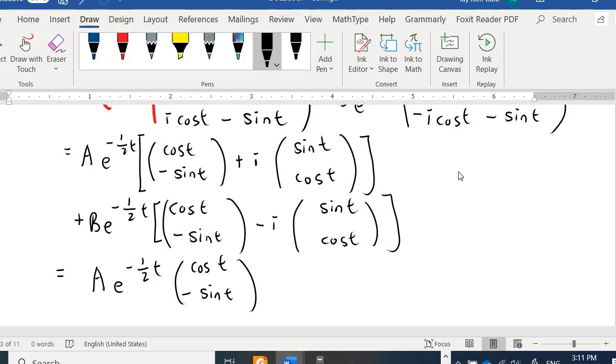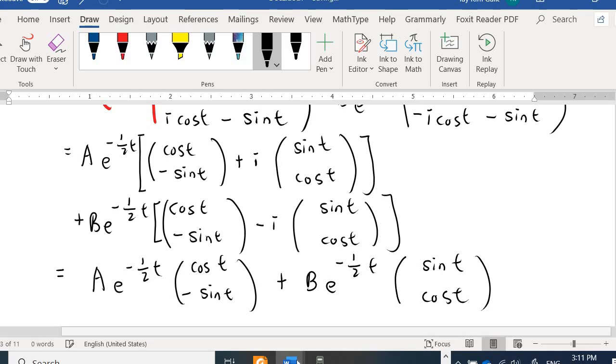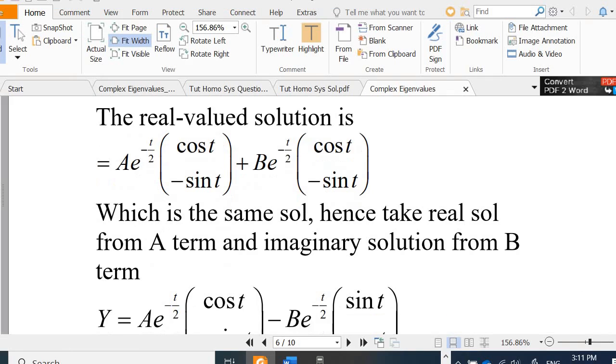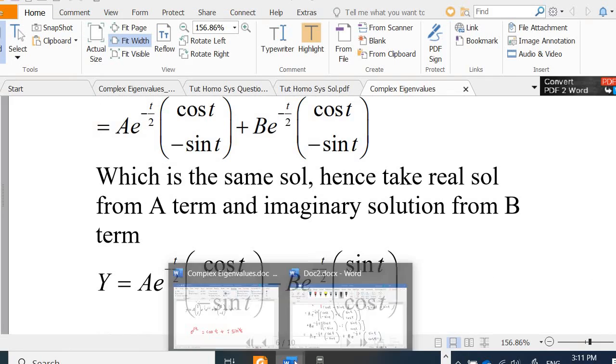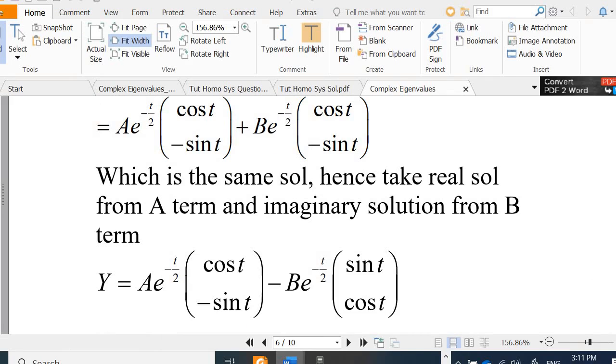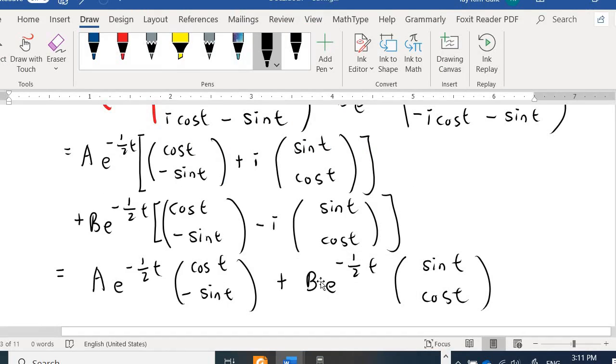If I take from the b term, the real value will be the same as a. That's why I will take out this one and ignore the i here. So b exponent negative half t, sin t, cos t. So this is the correct solution. So negative sin t, cos t. This is minus.